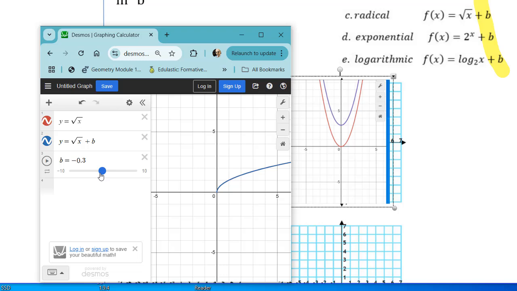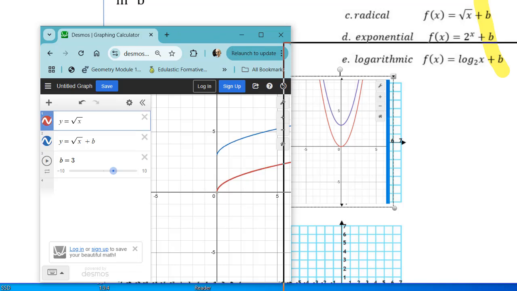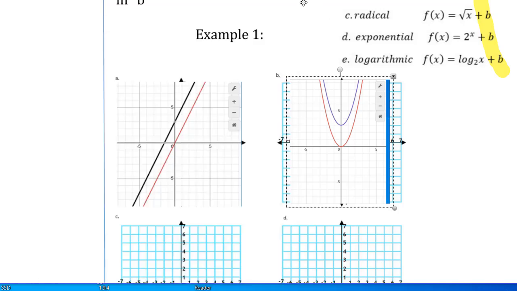See what it's doing. The endpoint's always on the y-axis. I'm going to leave b at 3. And you can see here that this point on the end is 0, 3, whereas this one is 0, 0. Okay, let's cut and paste that into my document.